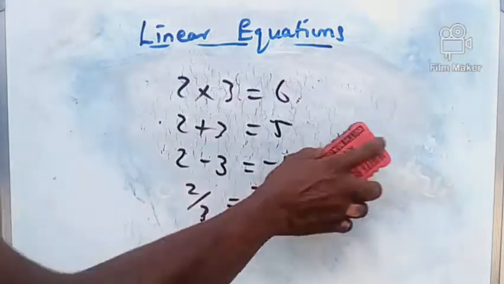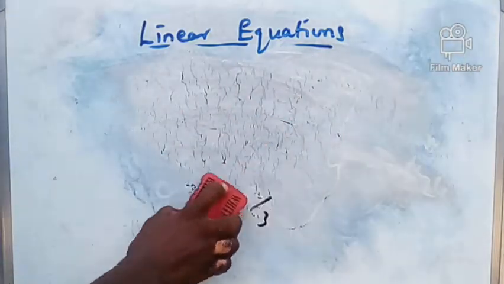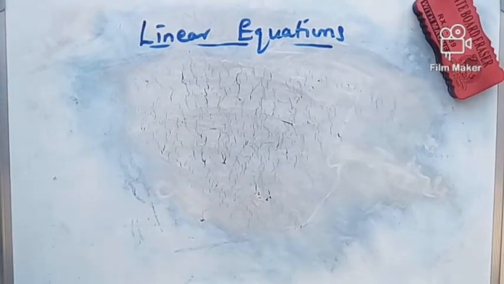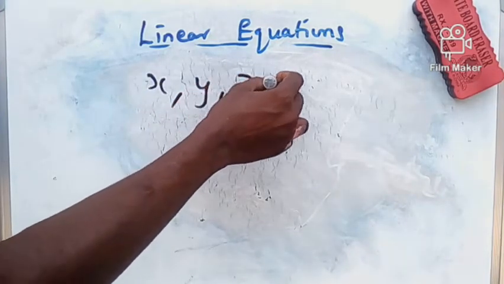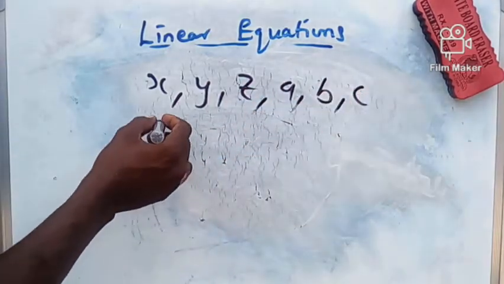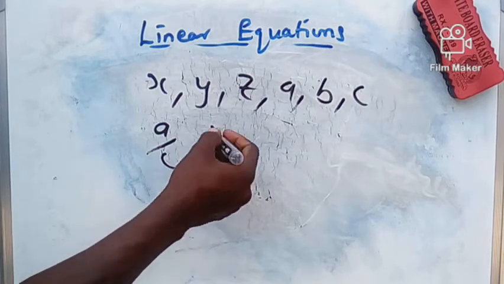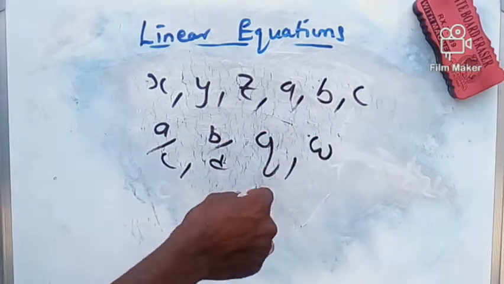Now, similar operation is performed when we have letters being used in certain cases. Let's say you have something like X, Y, Z, A, or B, or C, or A over C, or B over D, or Q, or W, any alphabet.